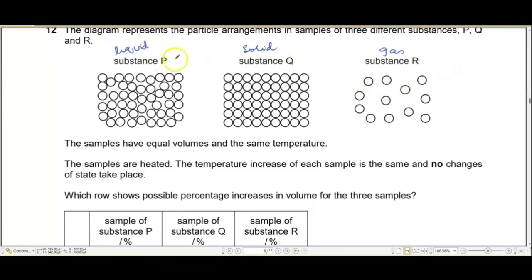The liquid would be second, and the solid is going to have the least increase in volume due to their arrangement. The liquid has little spaces between particles, and the particles can slide past one another. The gas particles are at huge distances from each other, and the solids are just tightly packed in a lattice. So the greatest increase in the volume would be seen in the substance R, and then it would be substance P, and then it would be substance Q.